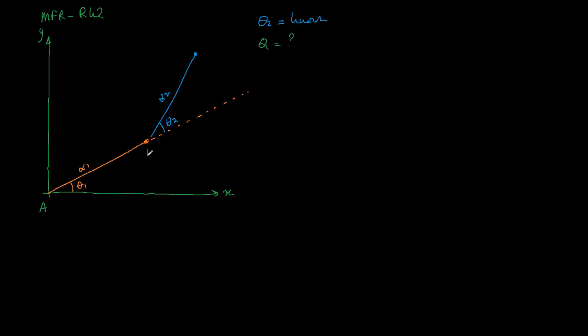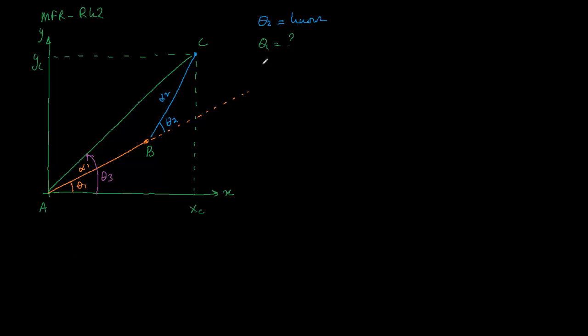Given the points A, B and C, what we know is the position of point C, XC and YC. We can use them to calculate the angle of the line from A to C with the horizontal, which we call theta 3.